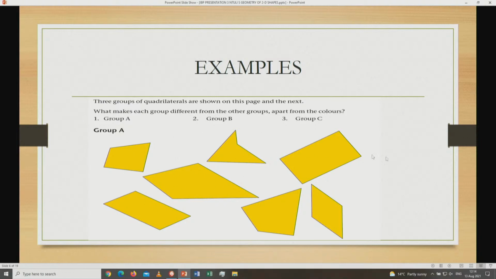Just take a look at these shapes. We want to identify what makes each group different from the other groups. Can we see the shapes there, guys? There are 1, 2, 3, 4, 5, 6, 7. So we have 7 shapes.